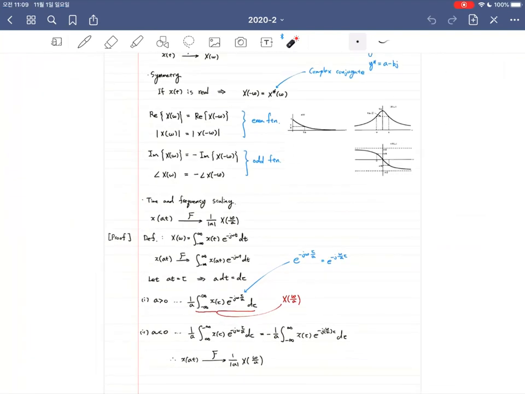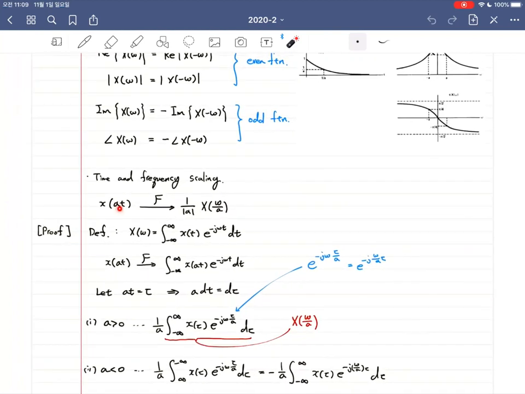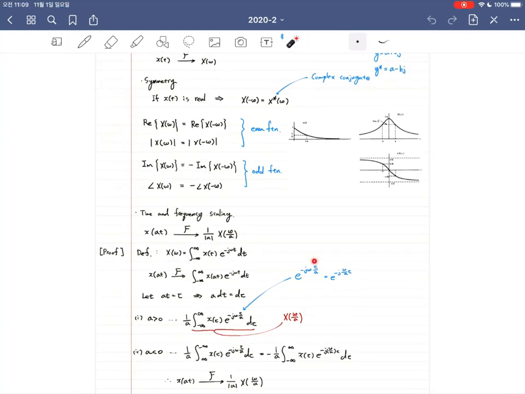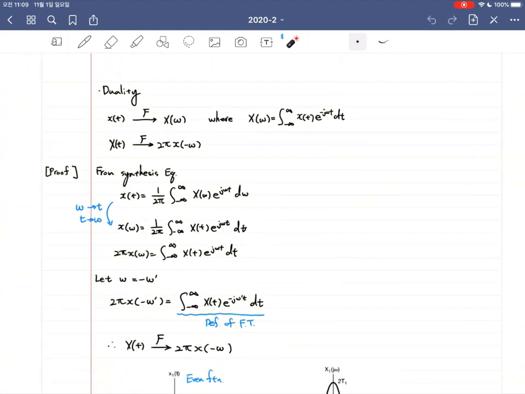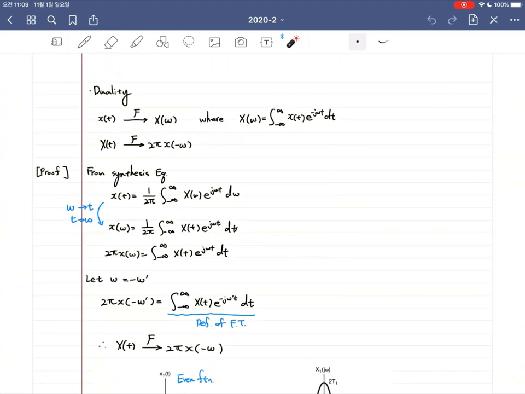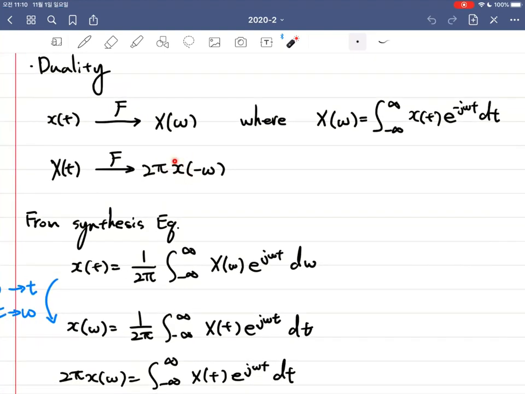And also, the time scaling becomes the frequency scaling in the frequency domain, and we did the proof of it. And also, I introduced the word duality. So the basic thing about duality is that if you conduct the Fourier transform twice, then you get the original function, which is represented by this small x.